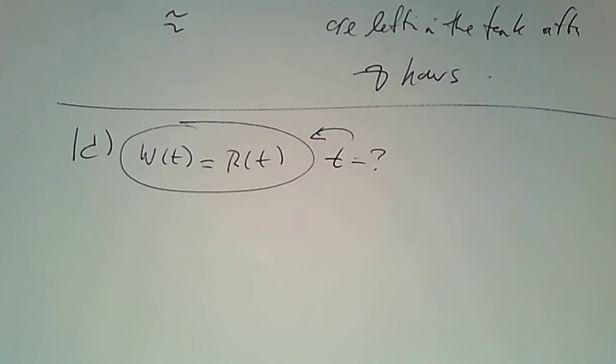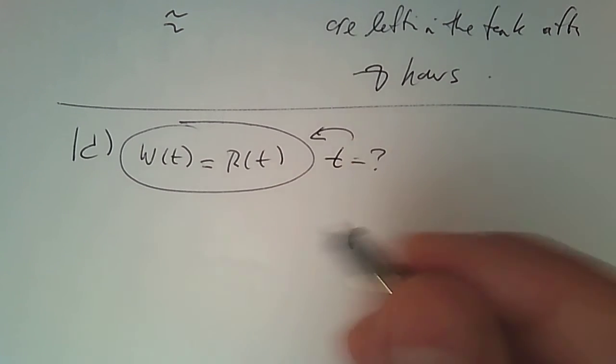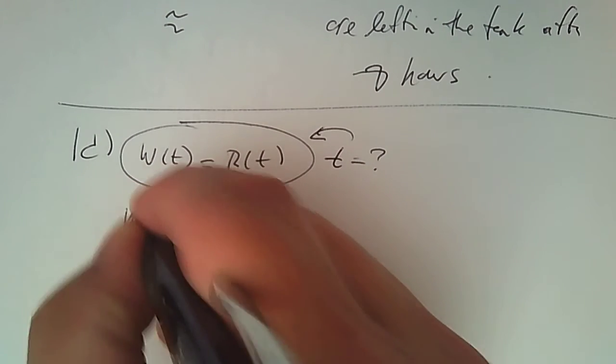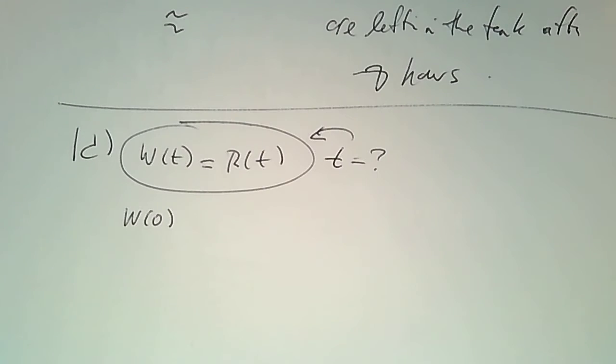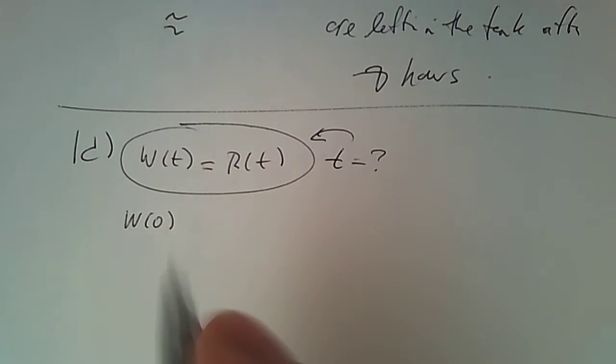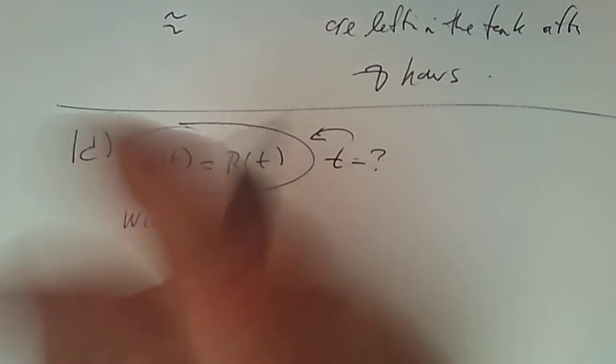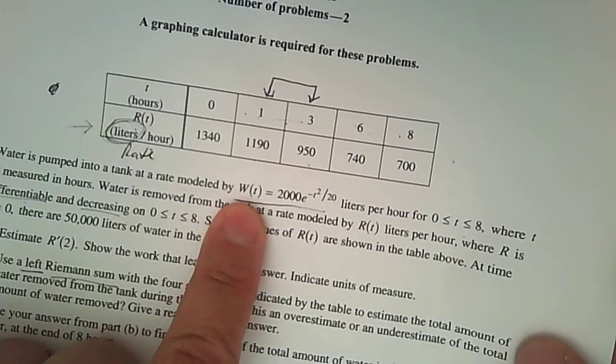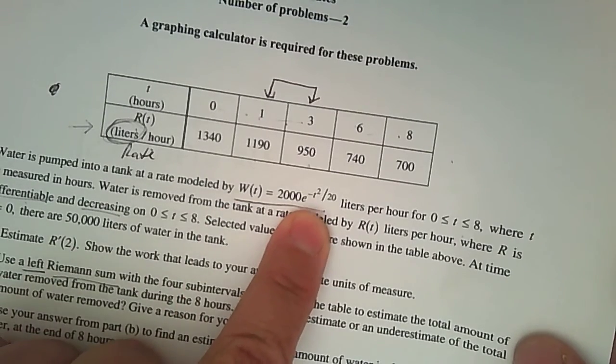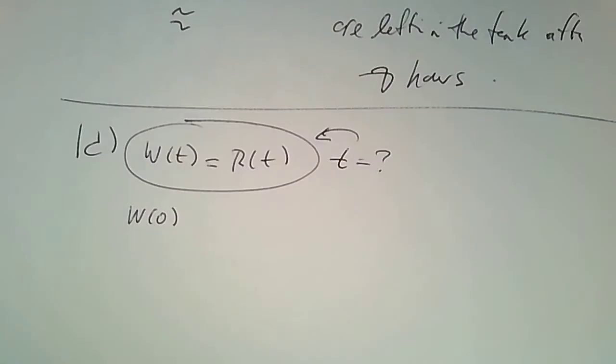So this is a theorem question. And to understand it, first of all, I'm going to look at the initial rate. So at 0, what is the initial rate? I don't need a calculator for this. When I plug in 0, e to the 0 is 1, so it's just 2,000.